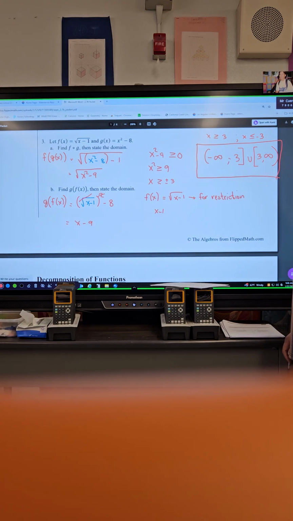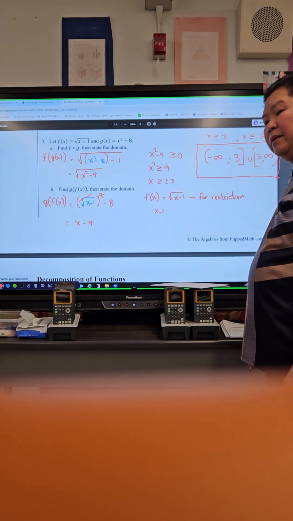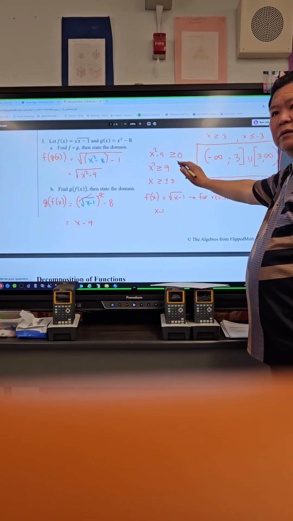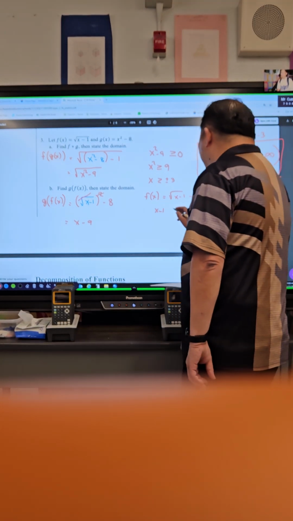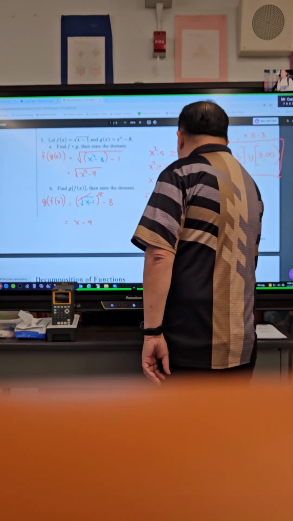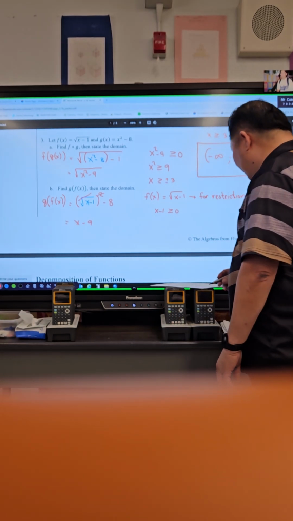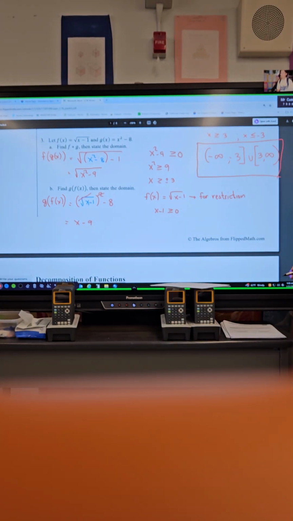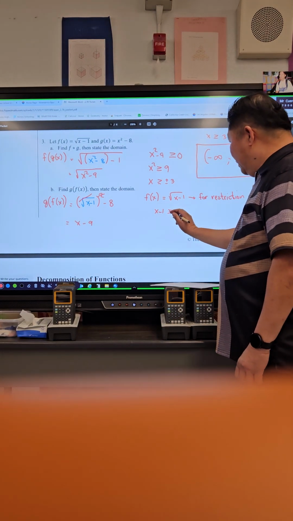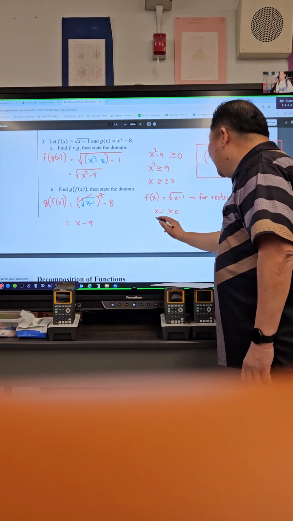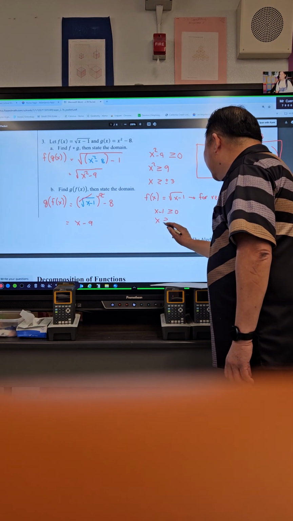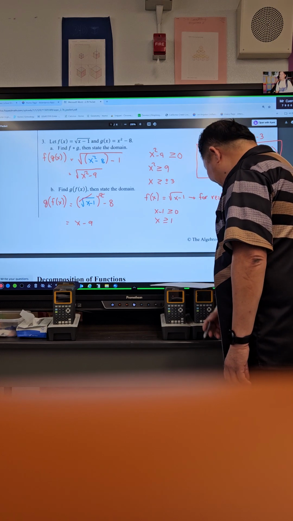Equate that to greater than or equal to 0. So therefore, what is x? Are we adding both sides by 1? Yes. So x should be greater than or equal to 1.